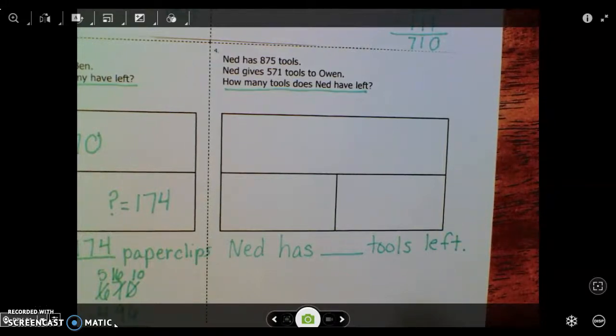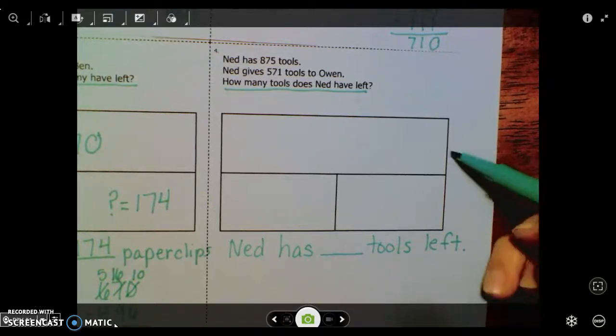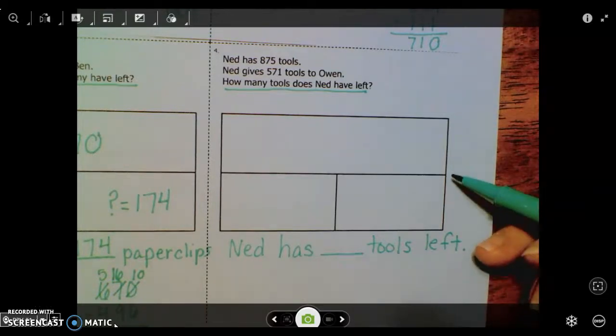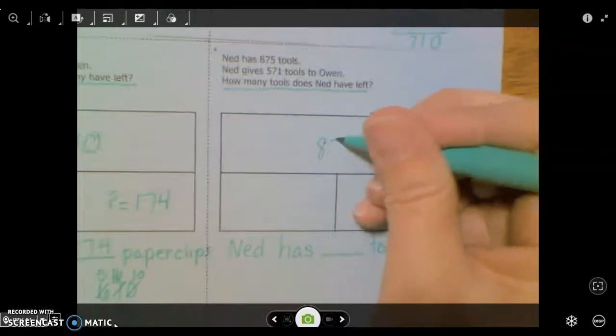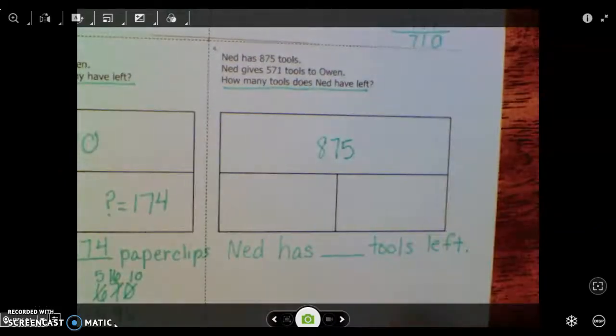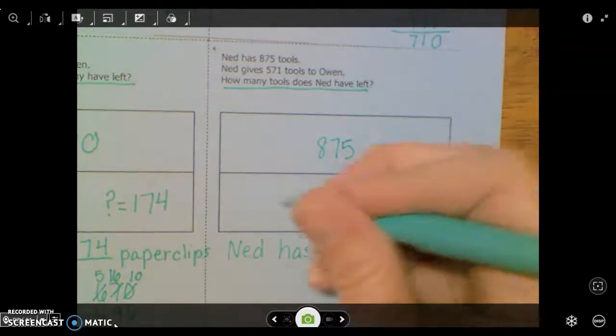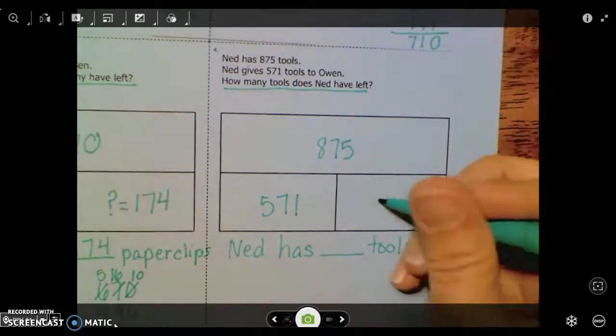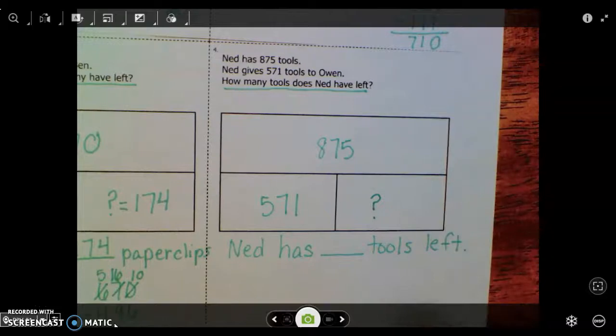Okay, my next step is to ask who or what the problem is about. The problem is about tools. Now the model's already drawn for us, and I'm going to fill in my numbers. Again, I know my whole, which is 875. I know part of my whole, that Ned gives 571 to Owen, but I don't know what he has left.